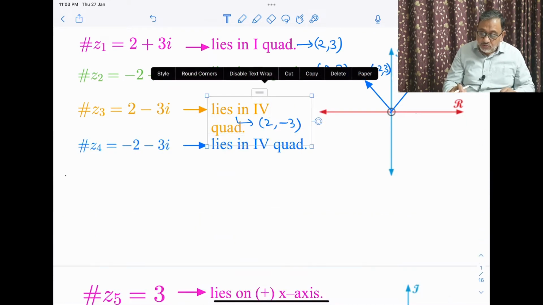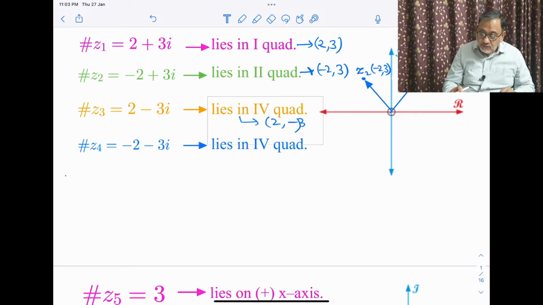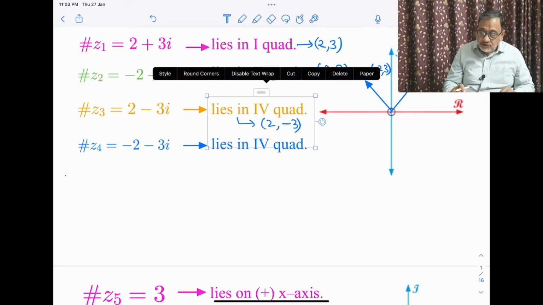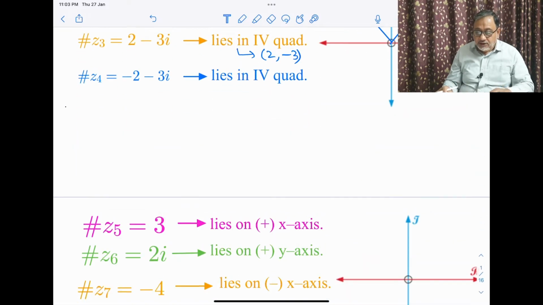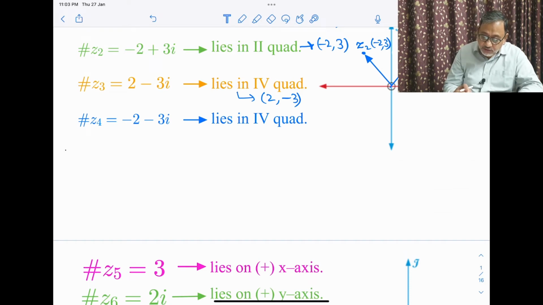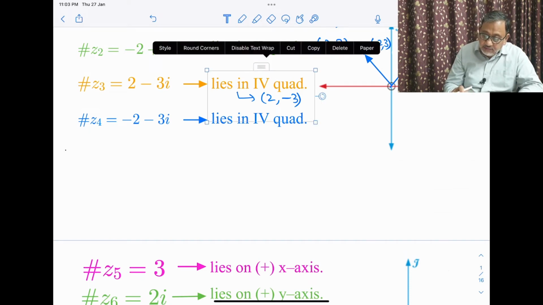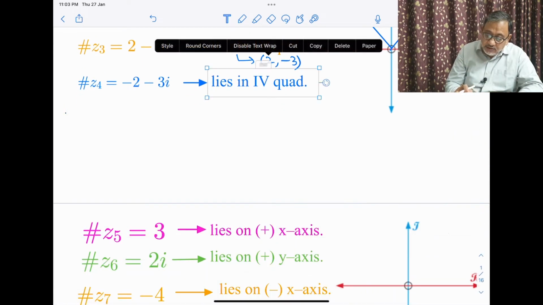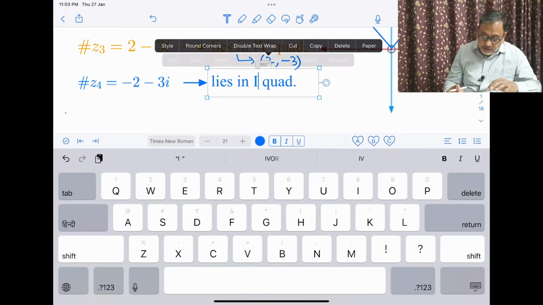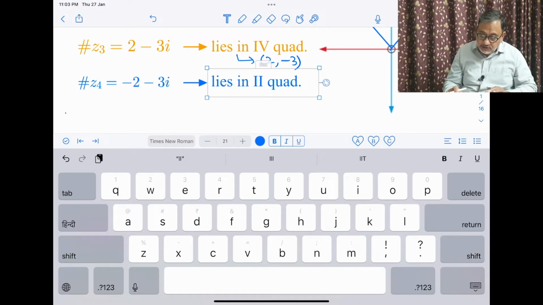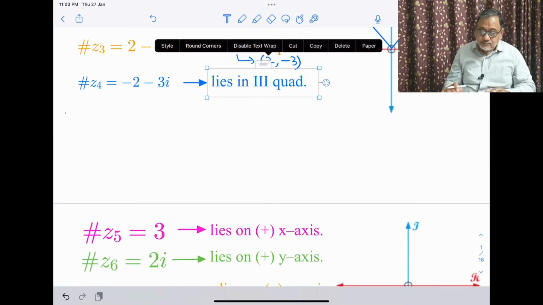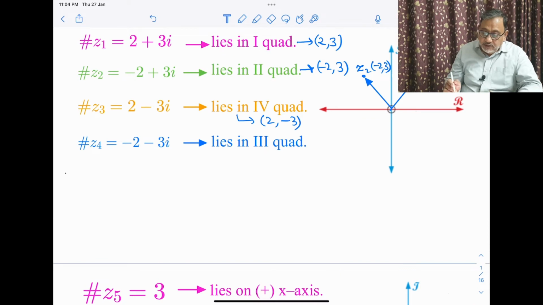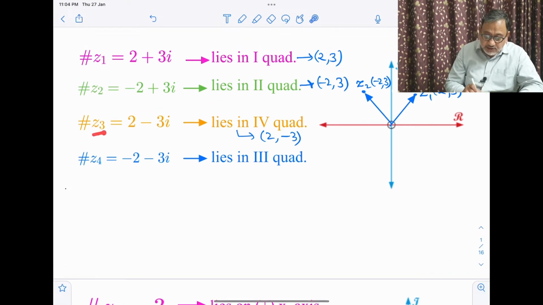As you know, a positive x coordinate and a negative y coordinate will be in the fourth quadrant. So this third one, Z3, lies in the fourth quadrant.